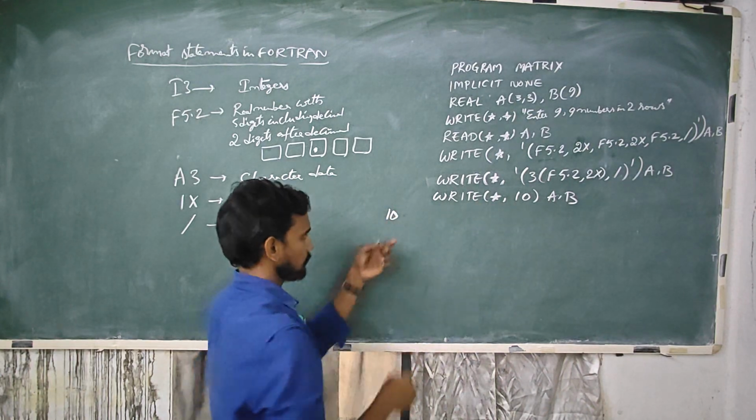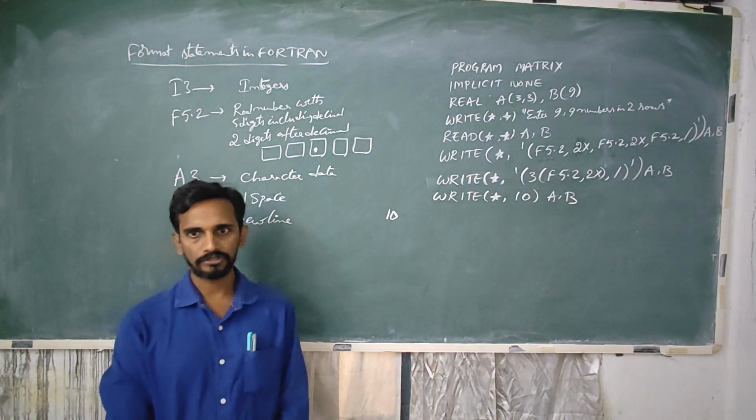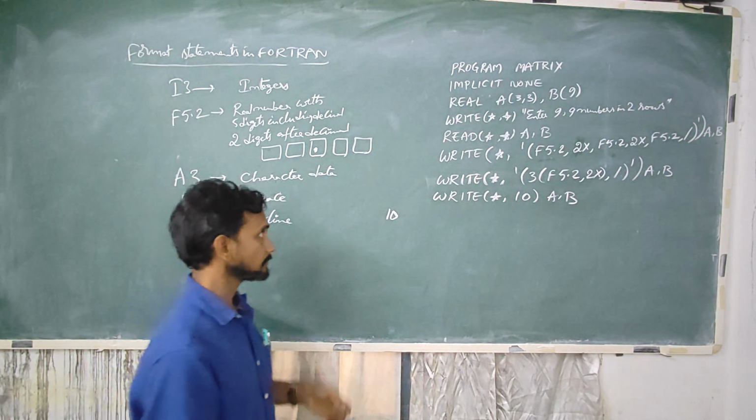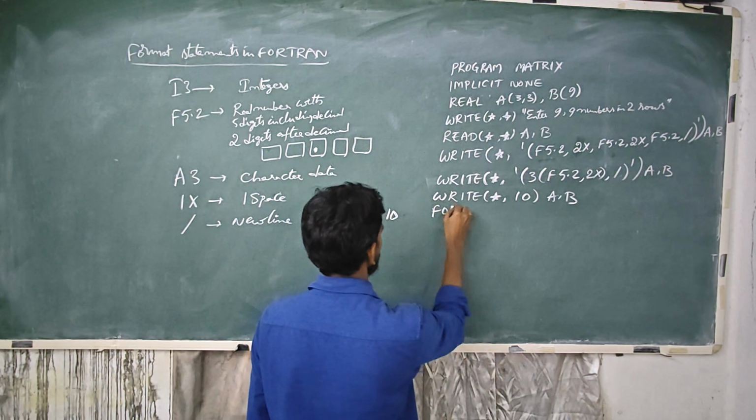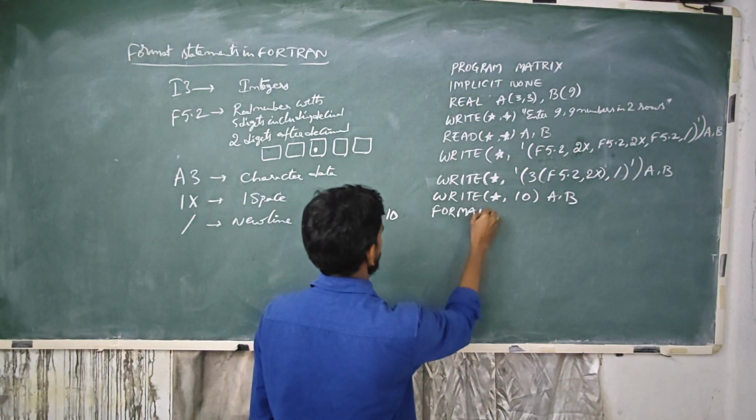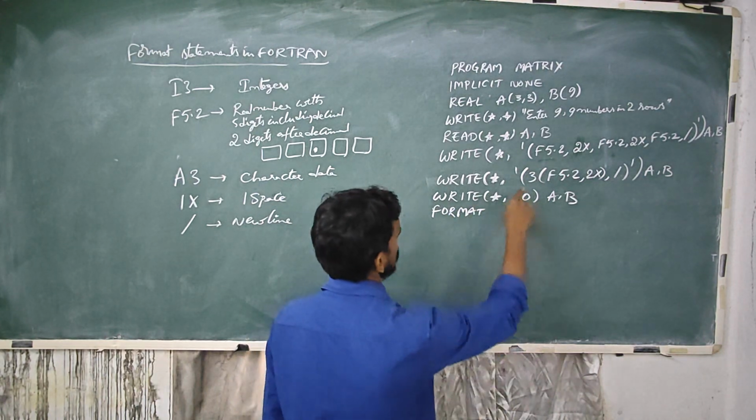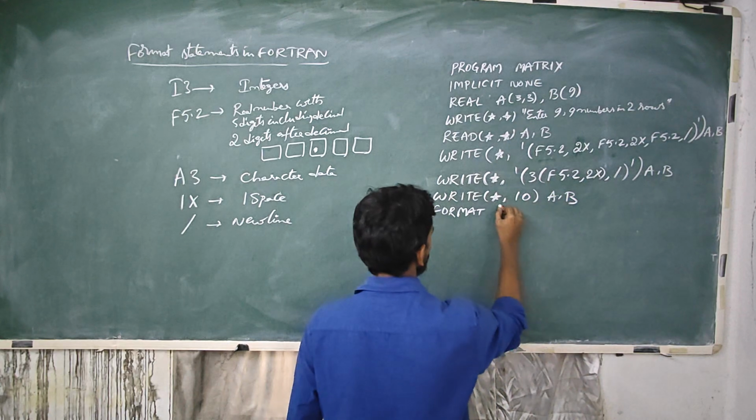So this index will come in the first 1 to 5 columns. So whatever you keep in quotes will come here.